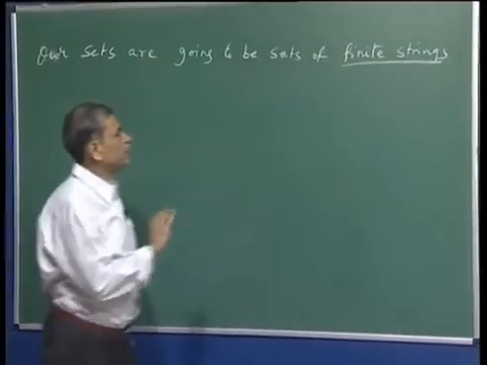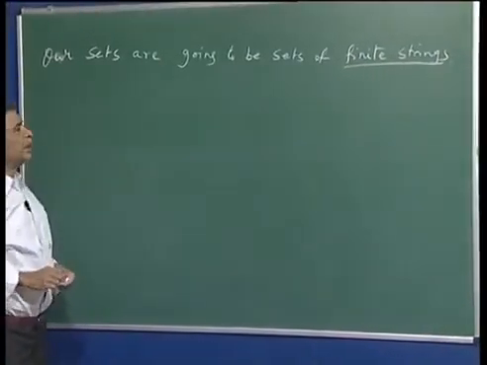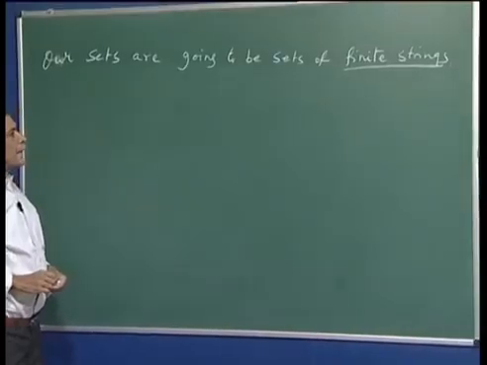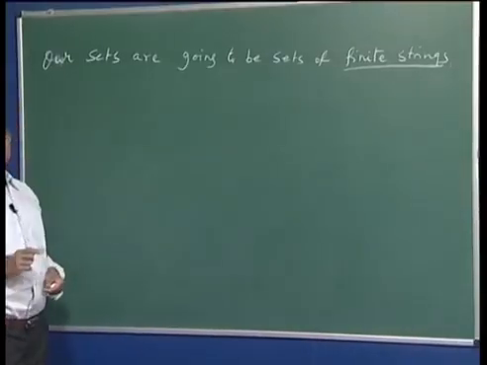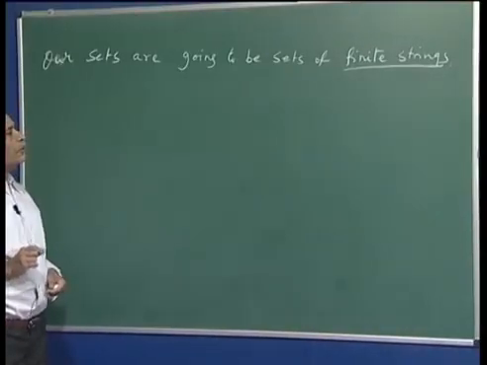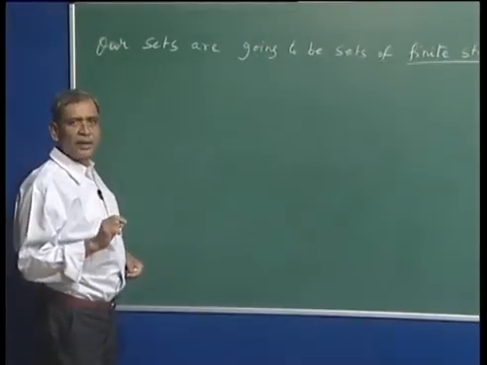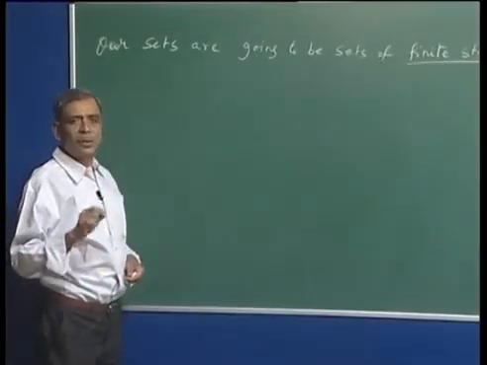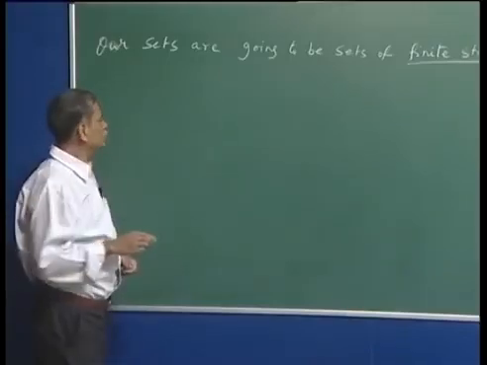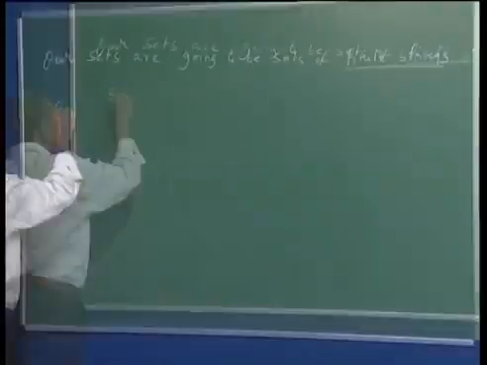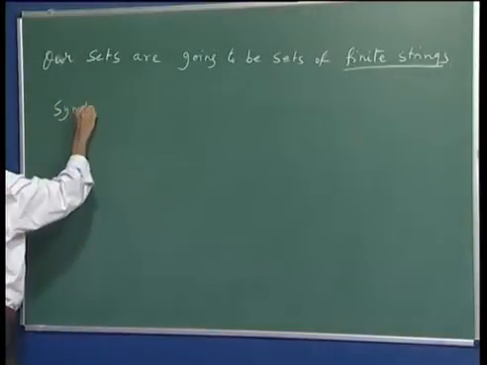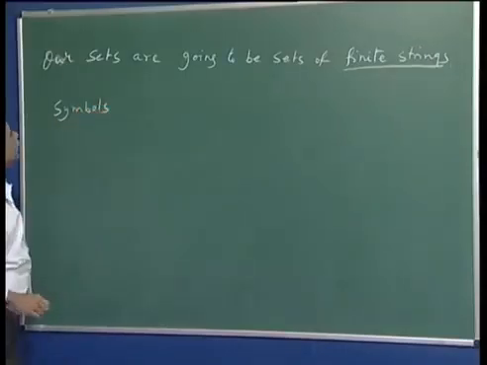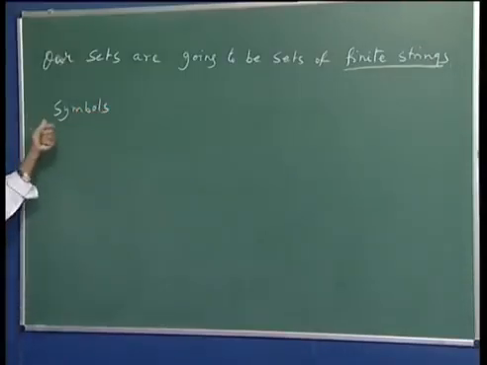Okay. So, let me explain these terms. To talk of strings, I need to first talk of alphabet, and to talk of alphabet, I need to talk of symbols. So, what is a symbol?